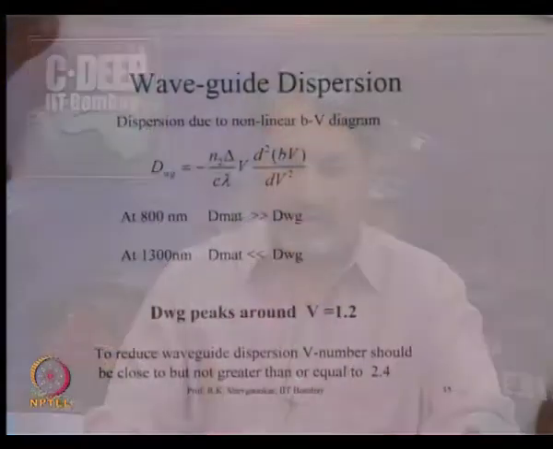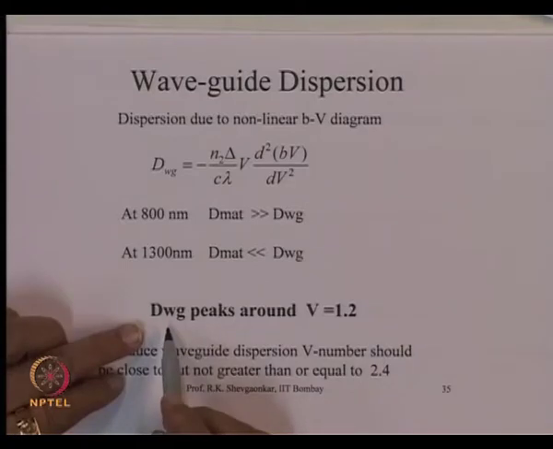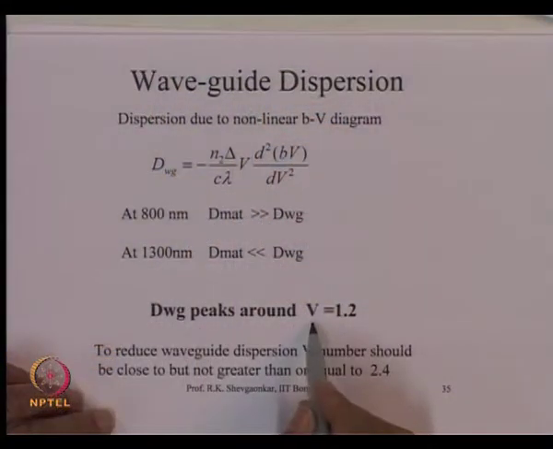So if I now consider the BV diagram and from there I find out this waveguide dispersion, we find that for the LP01 mode or HE11 mode, that is the first mode which can propagate, the waveguide dispersion peaks around V number of 1.2.